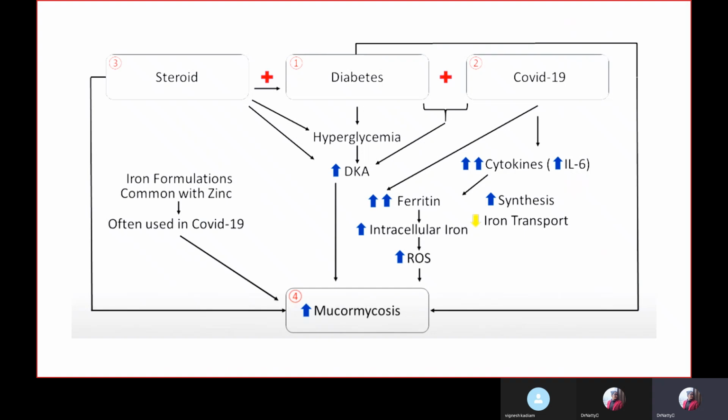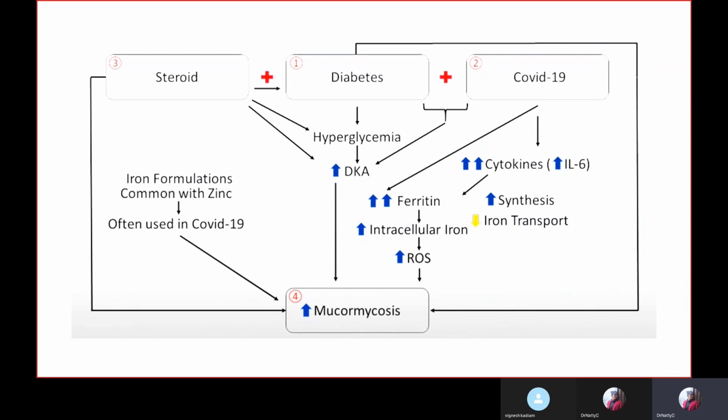Zinc is good, but a zinc supplement with iron formulations increased the available iron in the blood. This helped the fungal organisms grow easily, and because of that the patient ended up easily with mucormycosis.